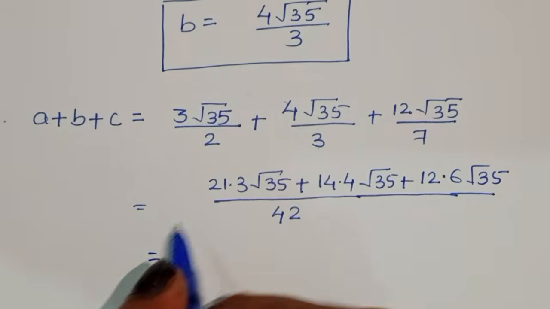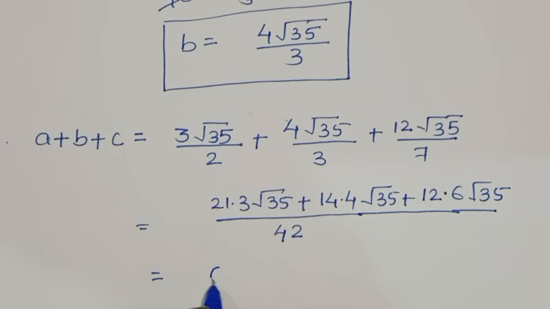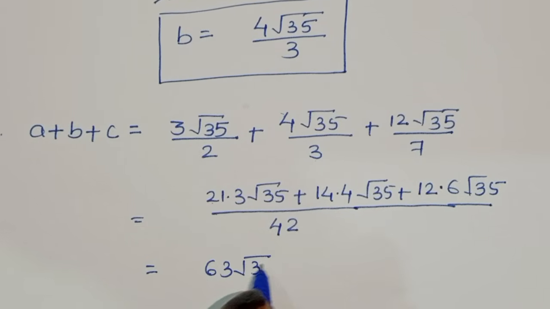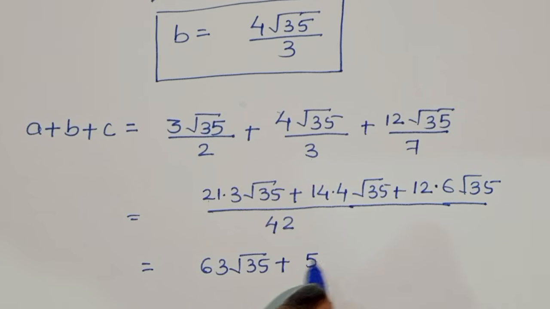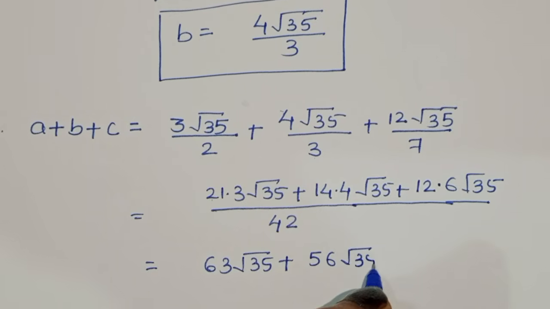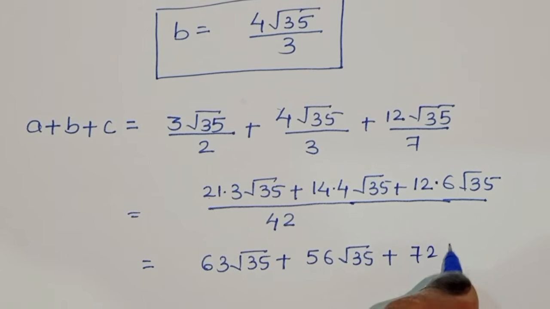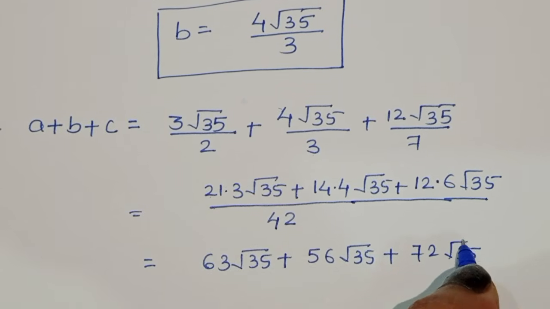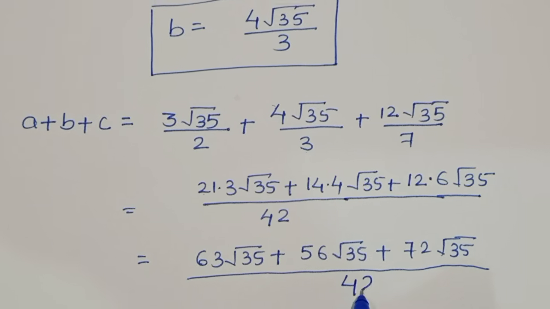Now when we are multiplying this, 21 3s are 63 square root of 35, plus 14 4s are 56 square root of 35, plus 12 6s are 72 square root of 35, divided by 42.